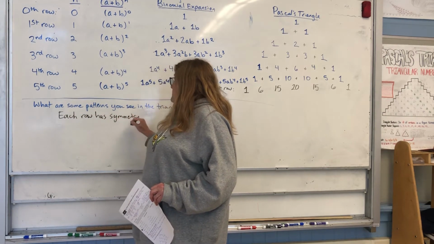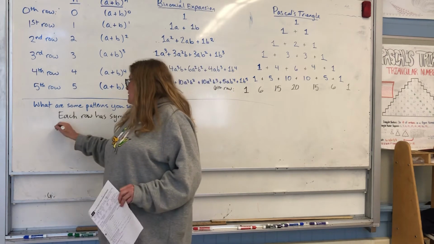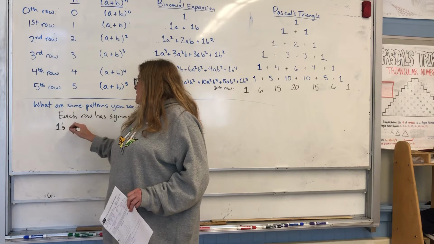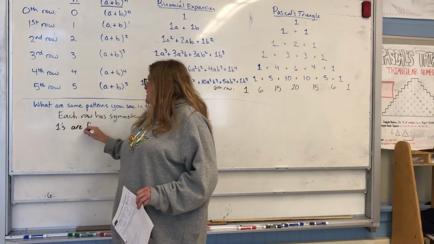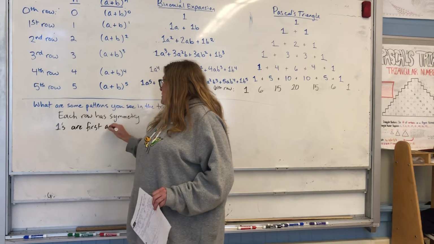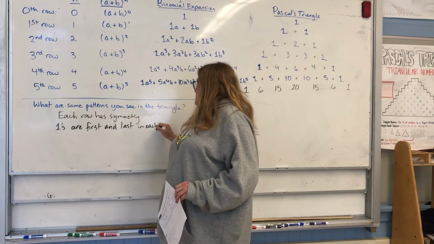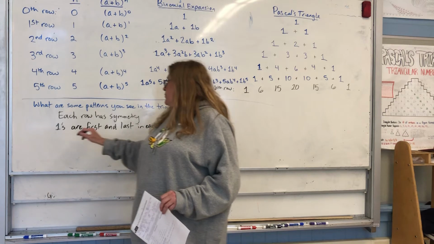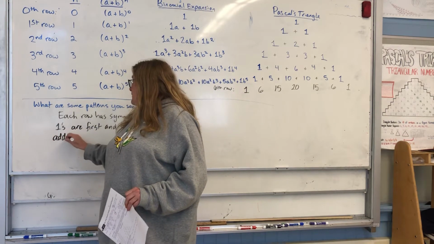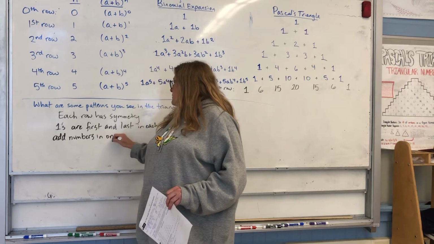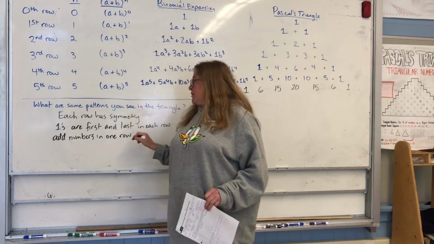We already talked about how there are 1s along the outside. 1s are the first and the last in each row. And I can add numbers in the row to get to the next row's numbers.